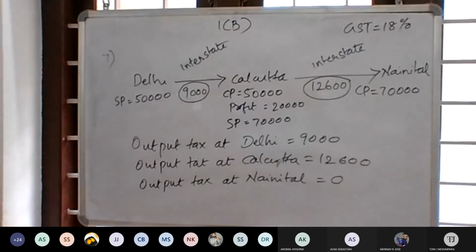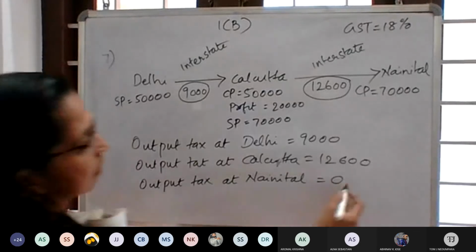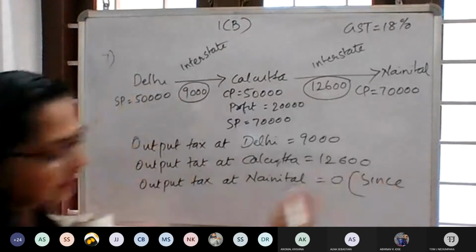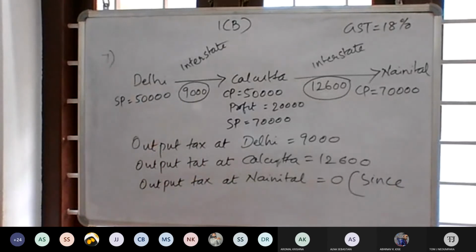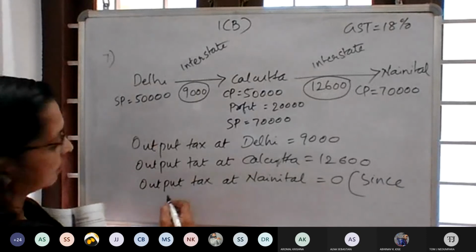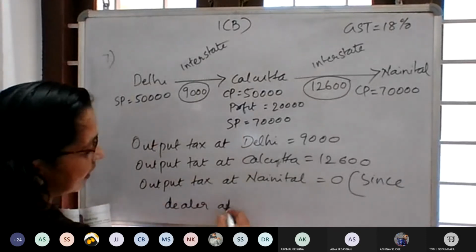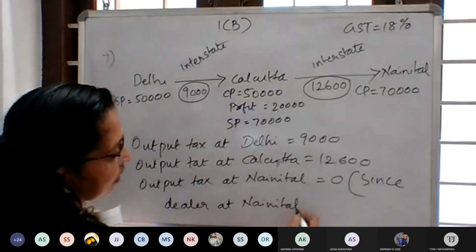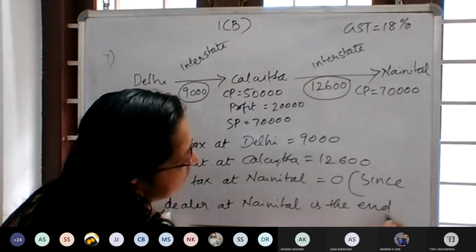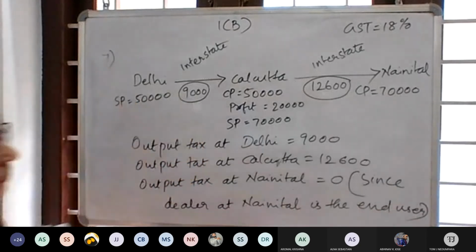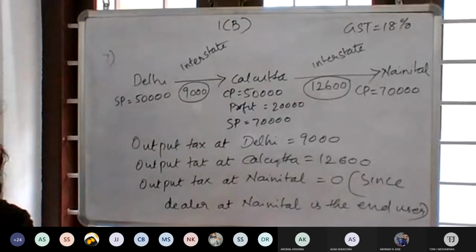If you have any doubt, write: since dealer at Nainital is the end user. Otherwise, you will forget about that.